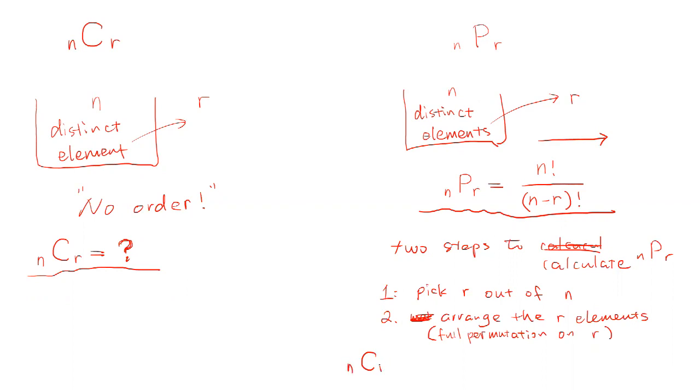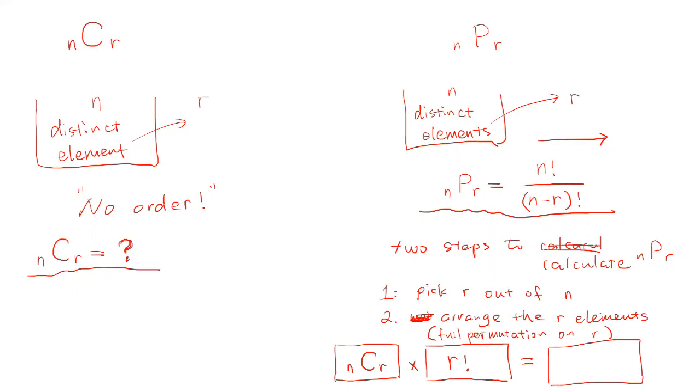CNR is the number of ways you pick R out of N. This is multiplied by the number of ways you finish the second step, which is R factorial, because it is a full permutation on R elements. And the result is actually PNR, because we are calculating PNR.